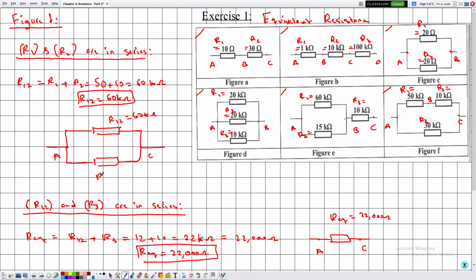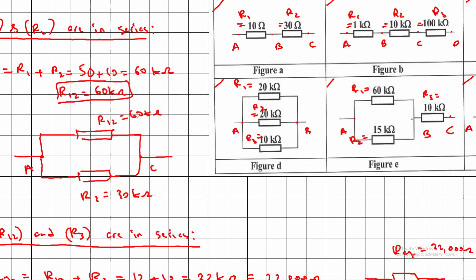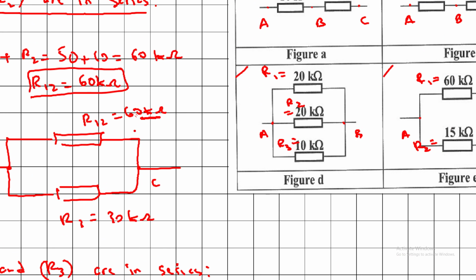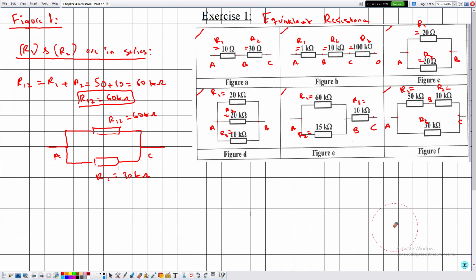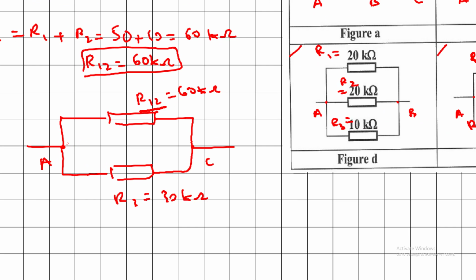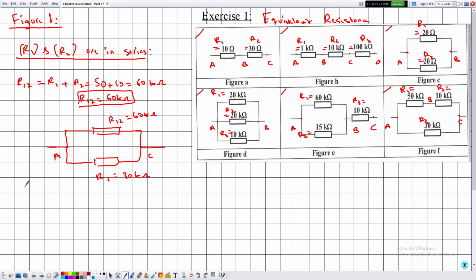And this is R3 equal to 30 kilo ohms. Notice that I haven't converted this to ohms because we didn't finish the final resistance, which is the equivalent resistance, and this doesn't represent the equivalent resistance because we know that the equivalent resistance is a single resistor that can replace a grouping of resistors. Now in this case, notice that it's very clear that R12 and R3 are in parallel.